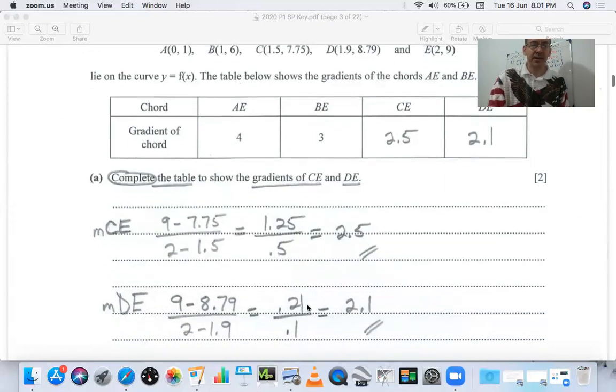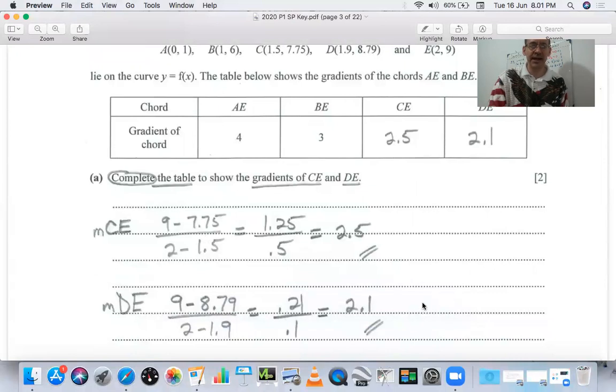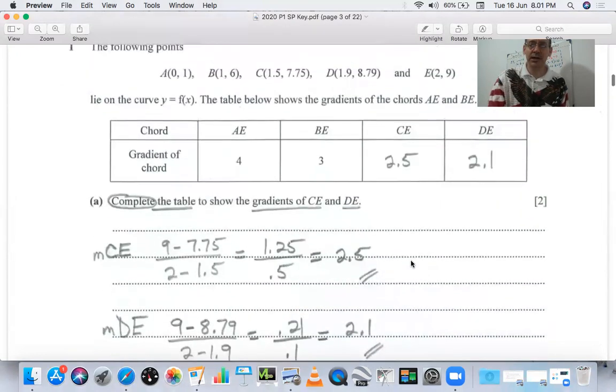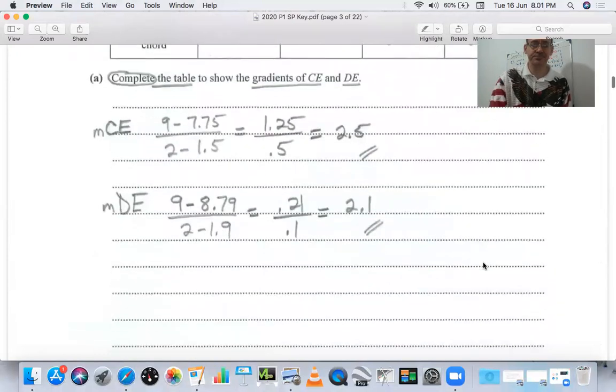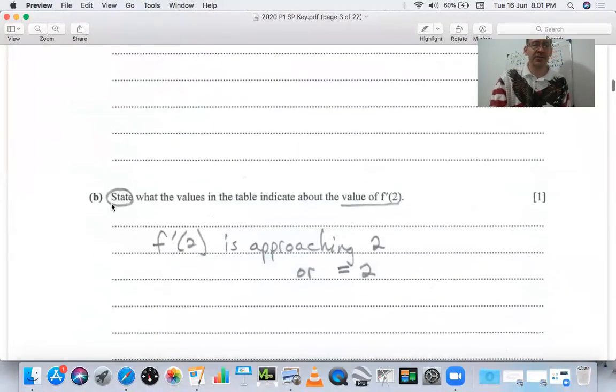Then we go to DE, so 9 minus 8.79, and 2 minus 1.9, and we get 0.21 over 0.1, which comes out to 2.1, and we also put that in the chart. That's worth 2 points.